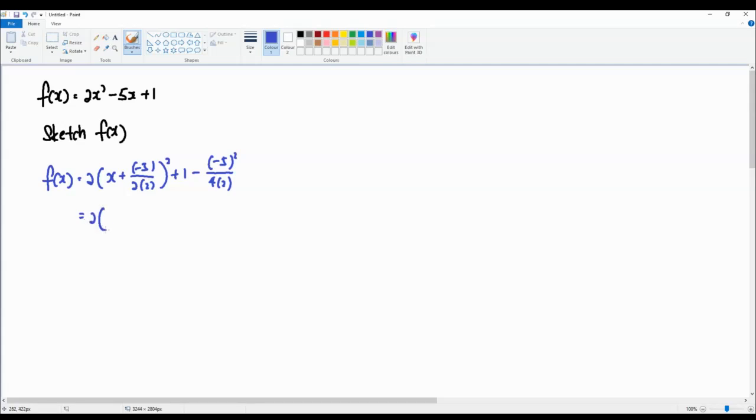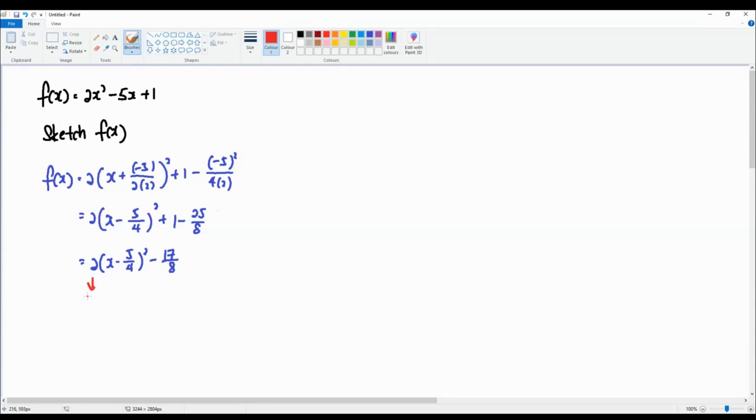So I got 2 times (x minus 5 over 4) squared, and then I get 1 minus 25 over 8. How much is this? I get negative 17 over 8. So this is the completing square form.